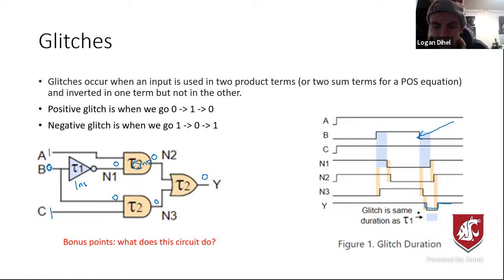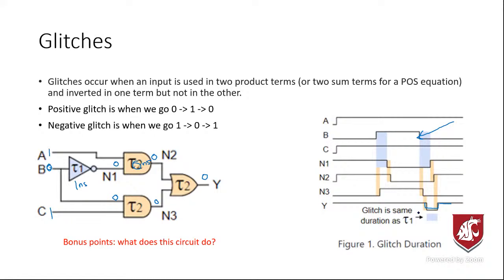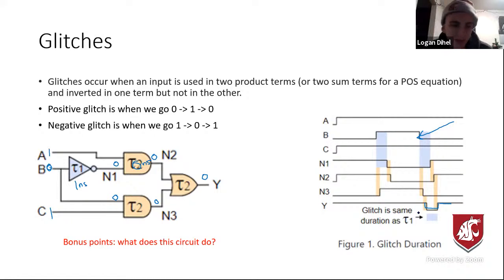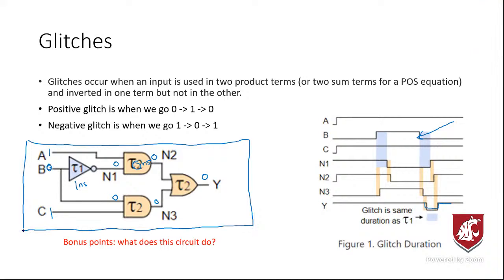So any questions over why glitches happen? I don't have any. Okay. Then bonus points for anyone who can tell me what this circuit is. Right here. Is it XOR? Nope. Okay.